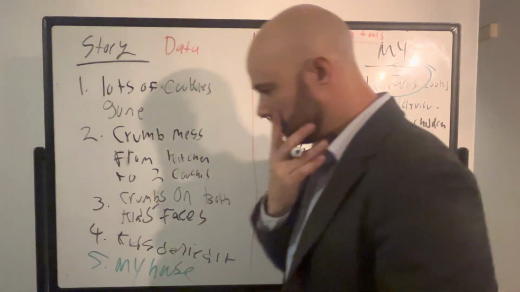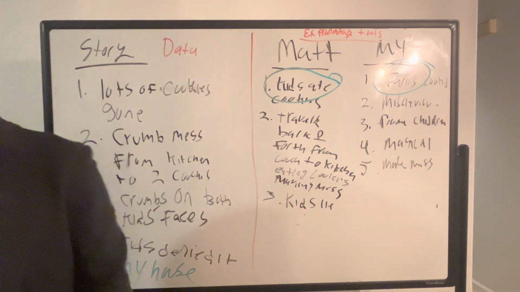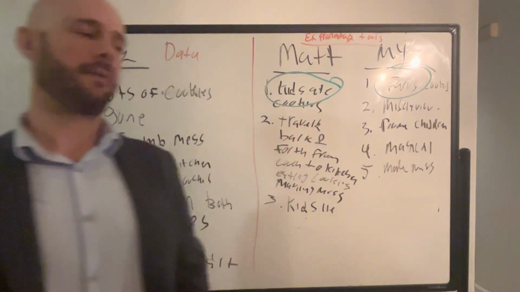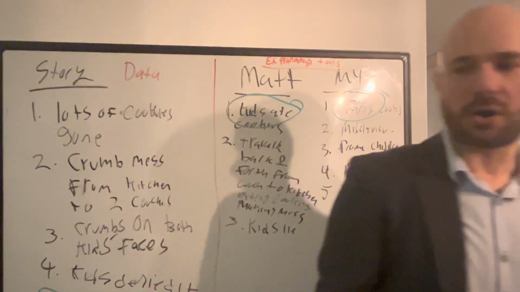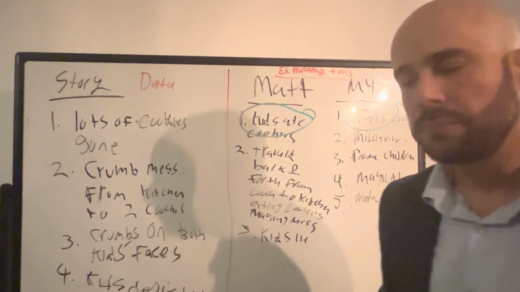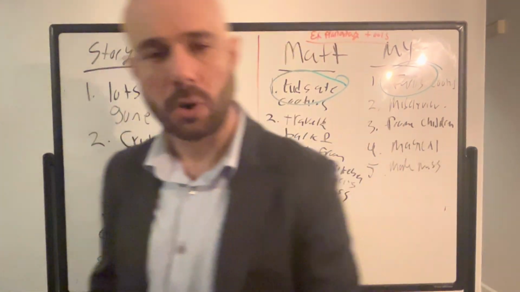Now, imagine the scenario. In a world in which the kids are the way Matt says they are, and a world in which fairies are the way I say fairies are, in which world would you expect the cookies to go missing in my house more?